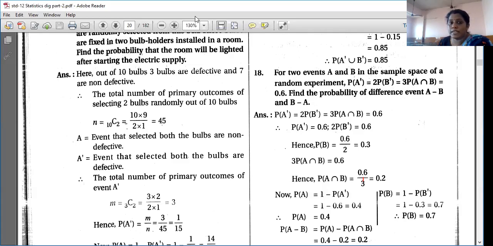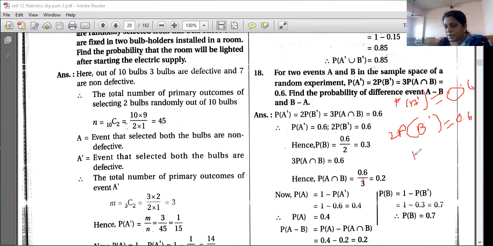Now 2P of B dash. So your calculation will be like this. I told you that P of A dash will be 0.6, and 2P of B dash will be 0.6.